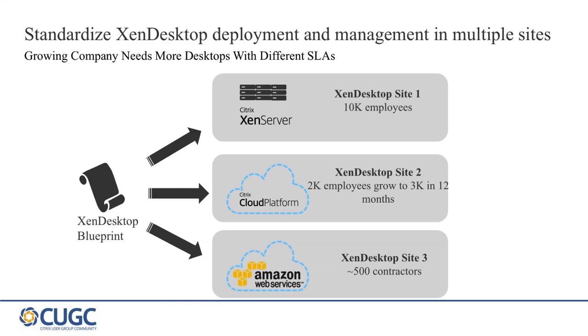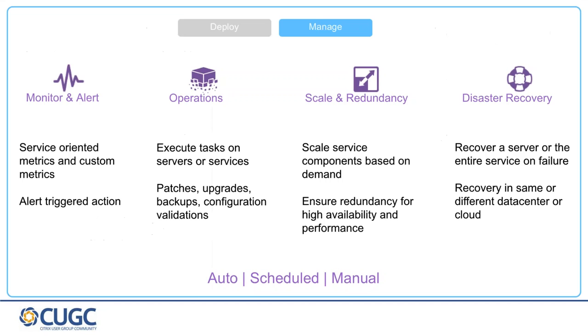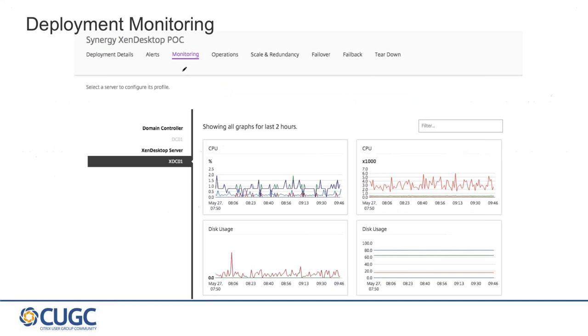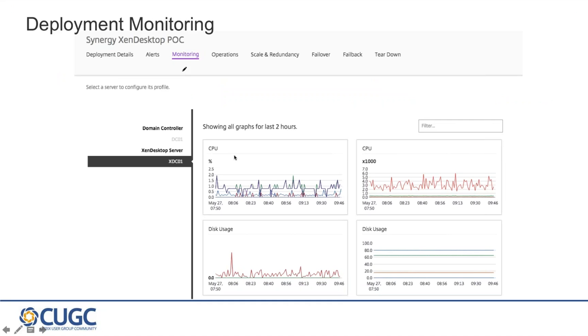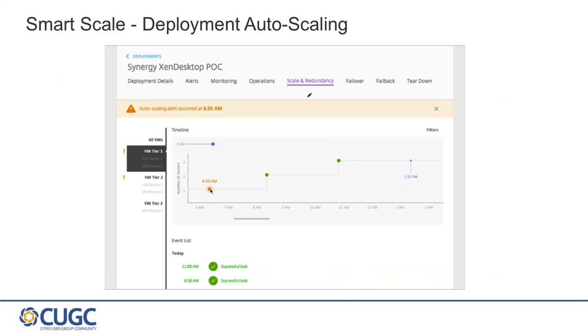Sorry, my mouse is acting up here. It's the automation. Here are some screenshots of things that we can do on the monitoring. You can check and see what's your CPU utilization, your memory utilization. But now they're coming out with Smart Scale, which, using the same principle, the same CWC concept, allows you to actually bring things up and down, create and delete, provision or deprovision servers on demand, depending on all sorts of criteria: what time of the day it is, or how many concurrent connections do I have?